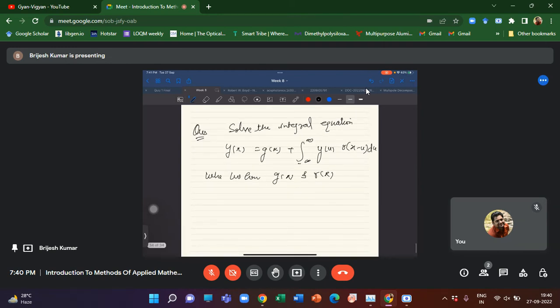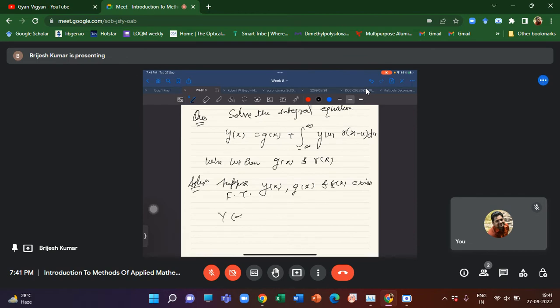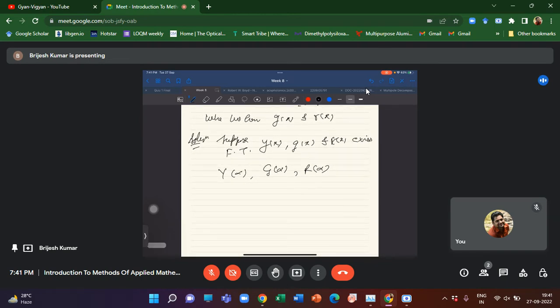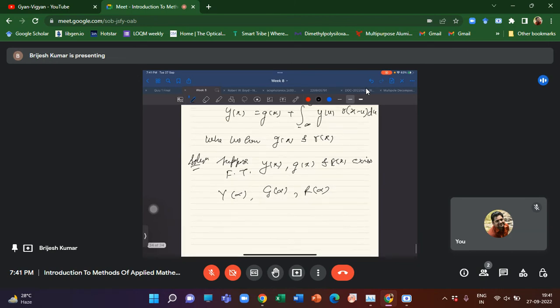Okay, so to solve this, suppose the Fourier transforms of y(x), g(x) and r(x) exist, and these will be denoted by Y(alpha), capital G(alpha), capital R(alpha). Then the Fourier transform of y(x) will be Y(alpha), and the Fourier transform of g(x) will be capital G(alpha), plus this is the convolution.